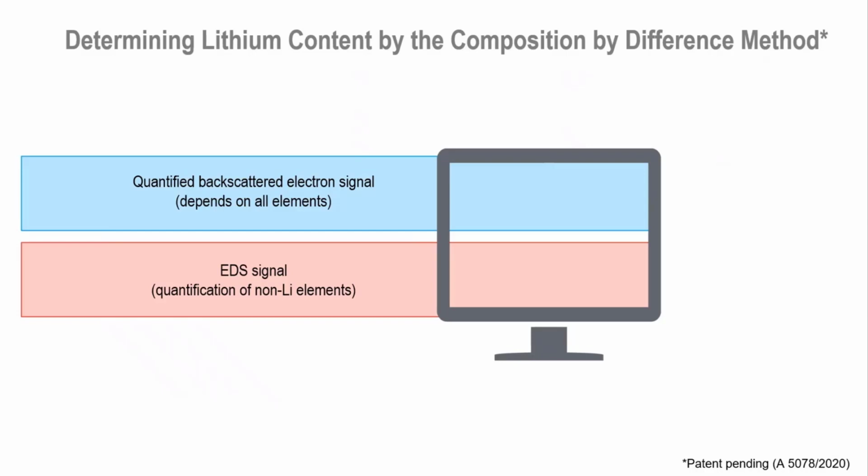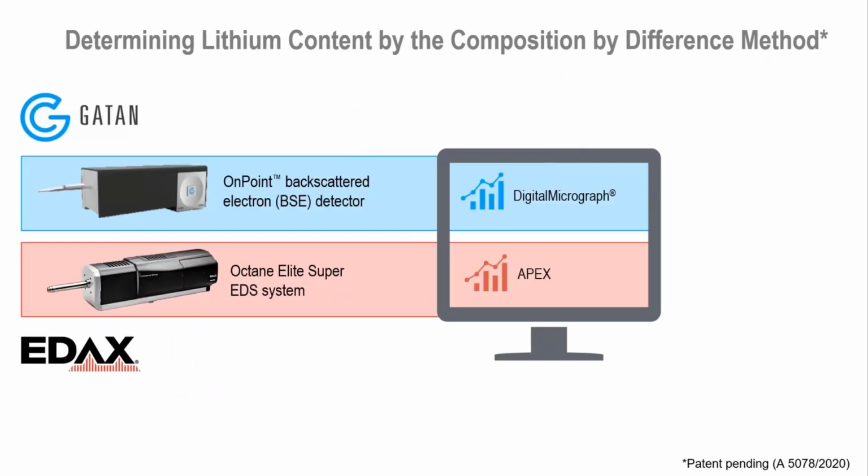So we have these two different data streams, which we collect using the OnPoint backscattered electron detector from Gatan and the Octane Elite or Elect Super EDS systems from EDAX. And by comparing these two data sets, we're able to extract the lithium content, which is missing from the EDS signal.